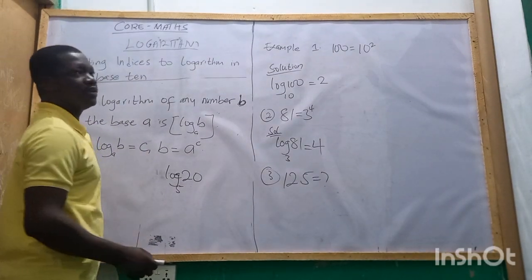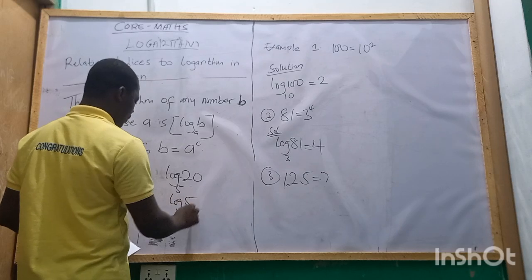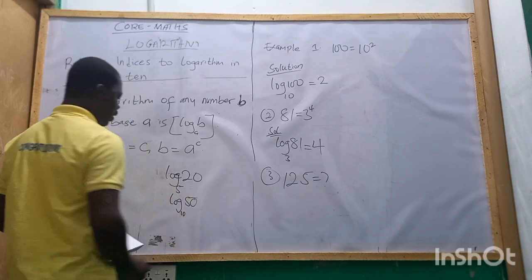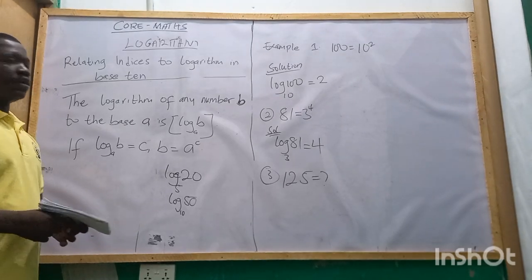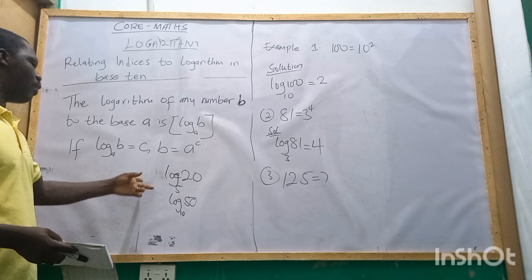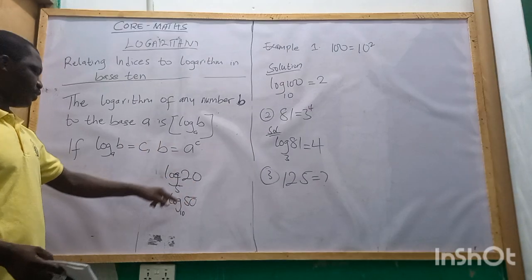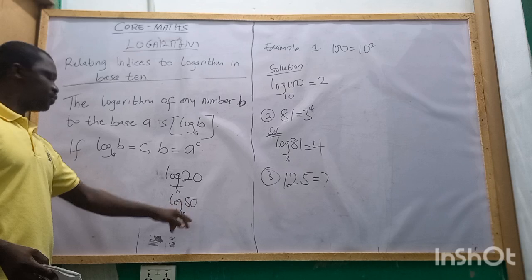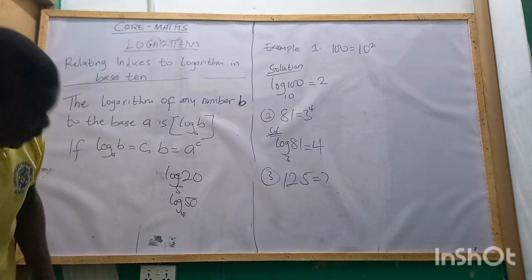Log 50 to the base 10. This is how we write it. So if someone is reading to you, you have to know how to write it, right? So log 20 to the base 5. Log 50 to the base 10. So this is the meaning of this statement, right?